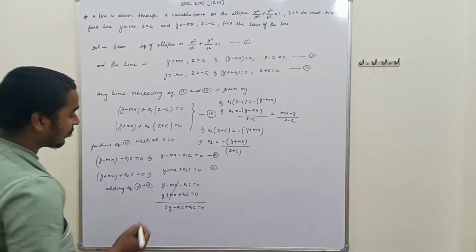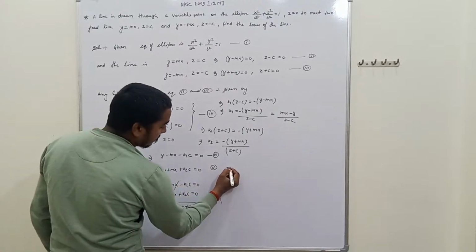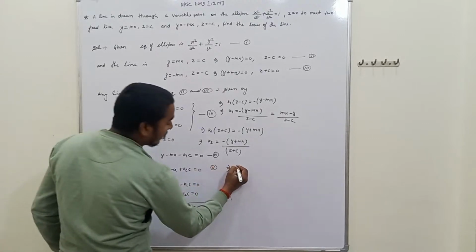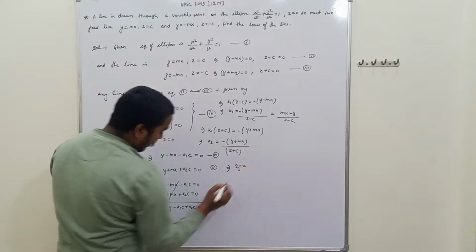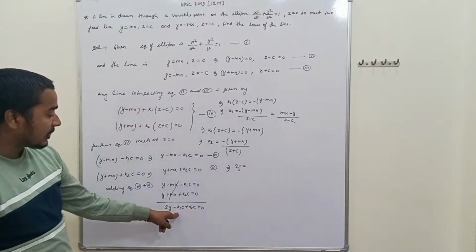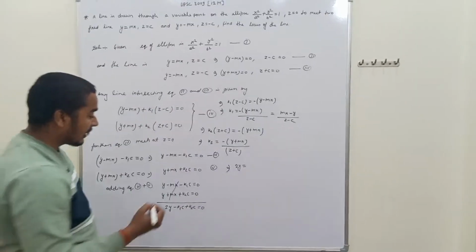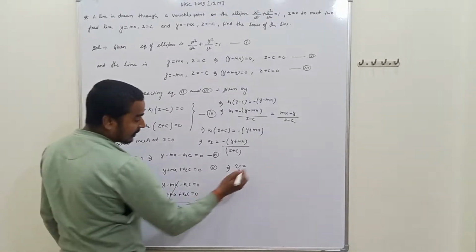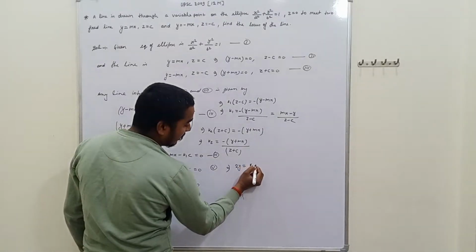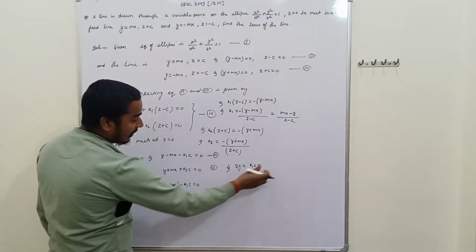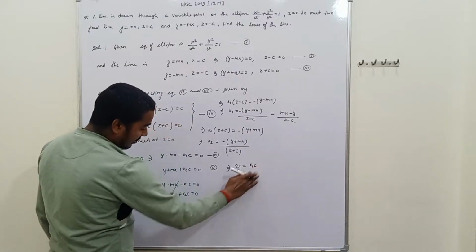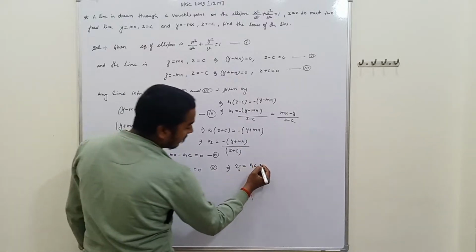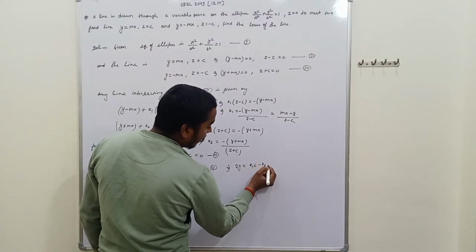And we can also write it in the form of 2y is equal to, taking minus k1c and k2c to the right hand side, that is minus k1c becomes plus k1c, and plus k2c becomes minus k2c.